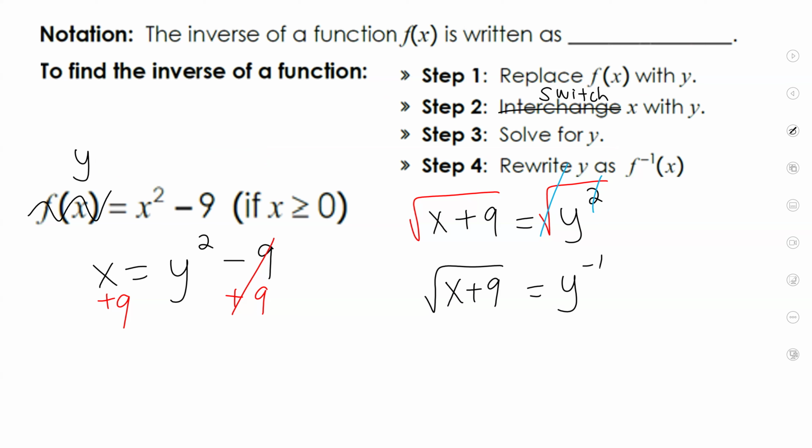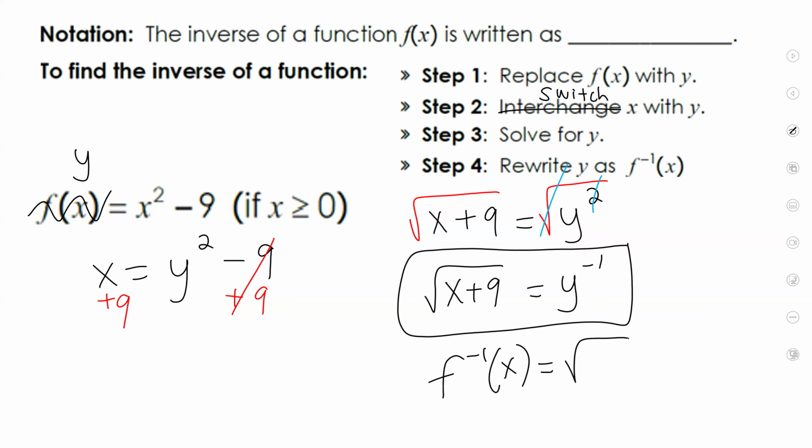This is the notation for inverse. If you want to, you can also use f inverse of x equals square root of x plus 9. Okay, these mean the same thing. And that's all you do. This is your answer.